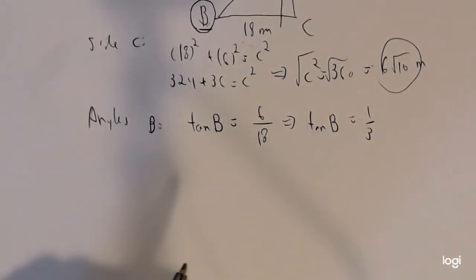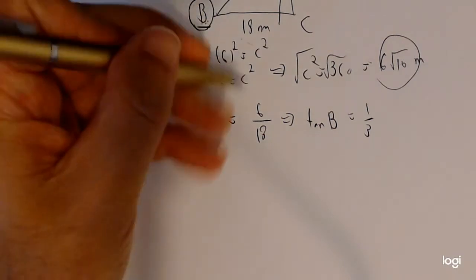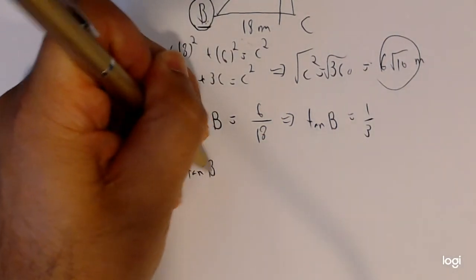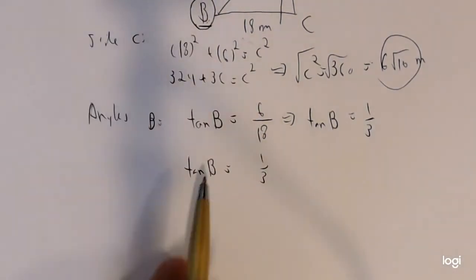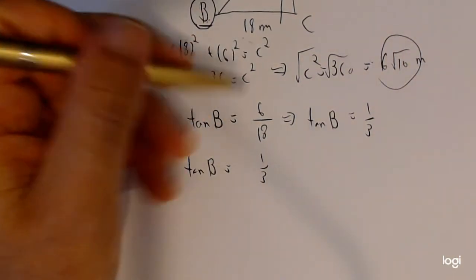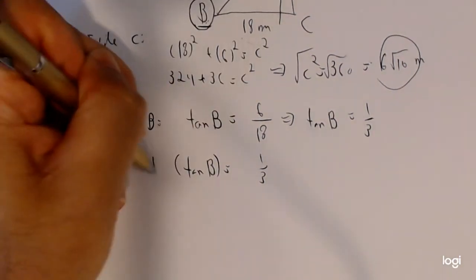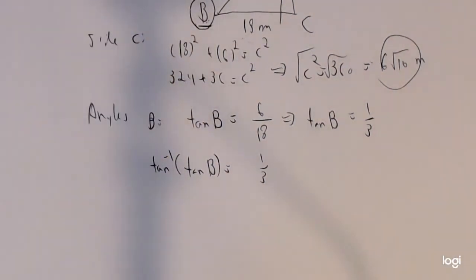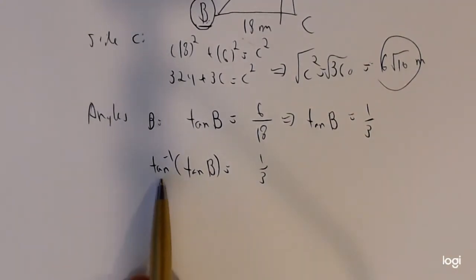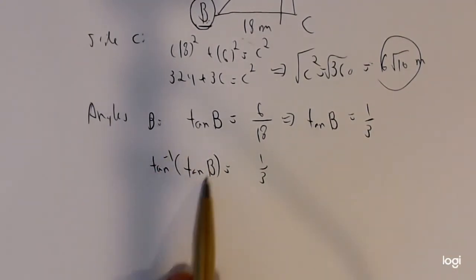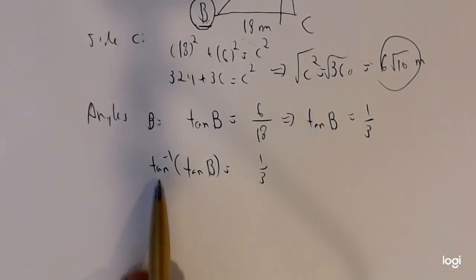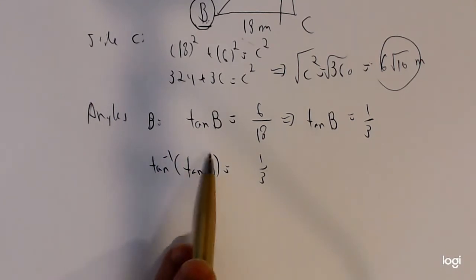So if I have tangent of B equals 1/3, and I want to undo the tangent, then I have to take the tangent inverse of the whole side. What is it going to do? It's going to undo this tangent, and it's going to leave me with just a B. Remember, whenever you take the inverse of a trig function, it's of the entire side.